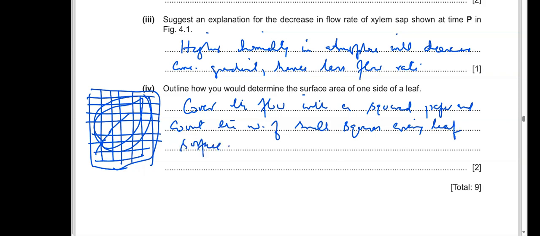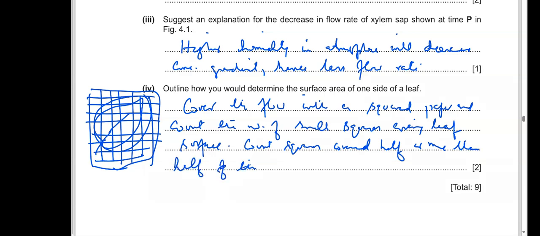So we can say count squares covered half or more than half by the leaf and divide by 2.